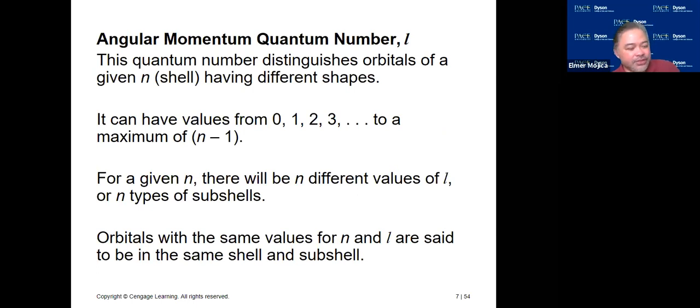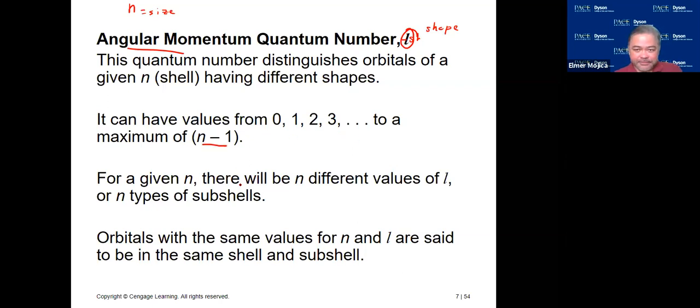So the second quantum number is the angular momentum quantum number, designated by small letter L. If n has to do with the size, L has something to do with the shape. This quantum number distinguishes orbitals of a given n having different shapes. It can have values from 0, 1, 2, 3 up to a maximum of n minus 1.